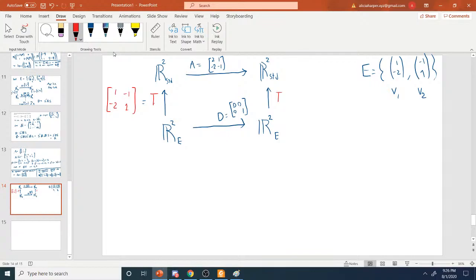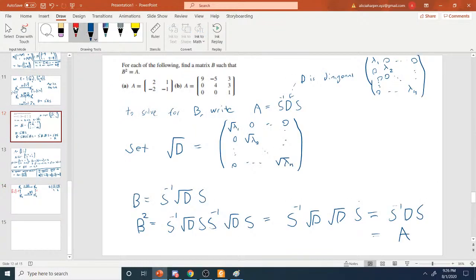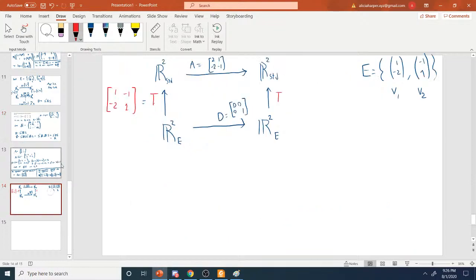So here's what I can do. I can note that the square root of D is actually equal to D. And the reason you can see this is that you take the square root of 0, you get 0, take the square root of 1, you get 1.